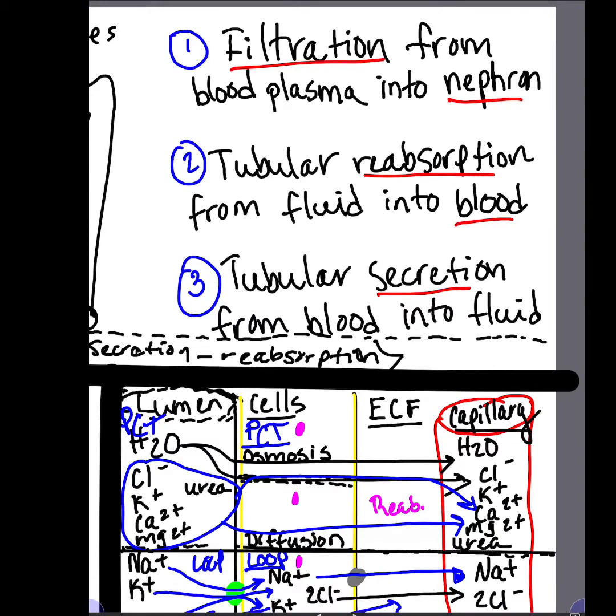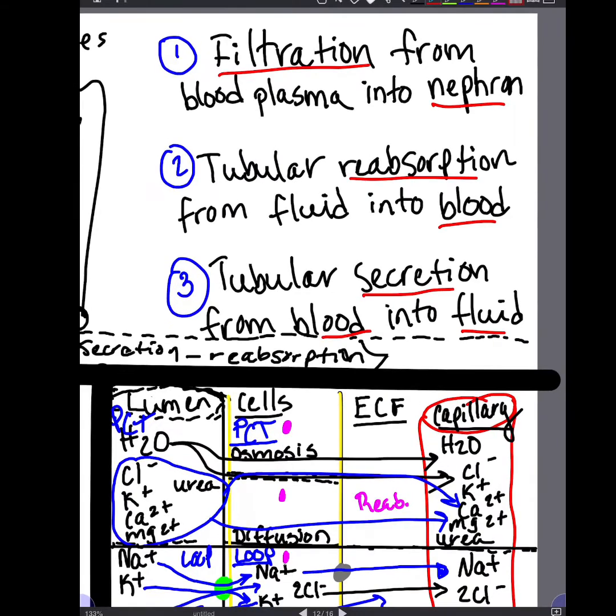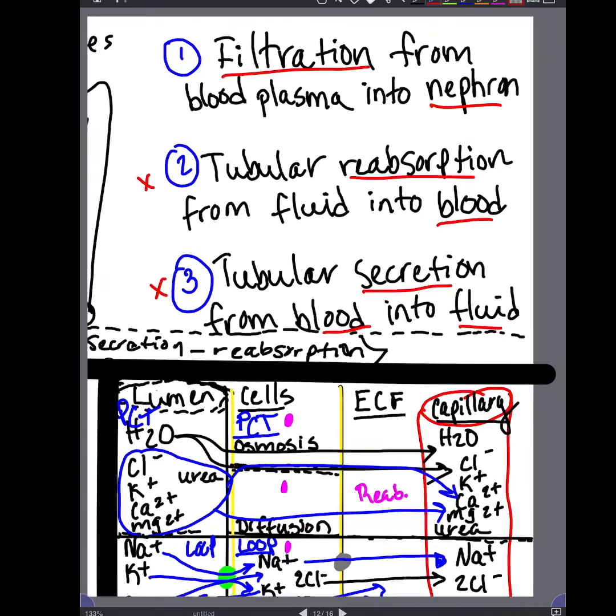And the third step is going to be tubular secretion from blood into fluid. In tubular reabsorption, 99% of water and solids are reabsorbed. And in tubular secretion, waste, drugs, and excess ions are what we are secreting.